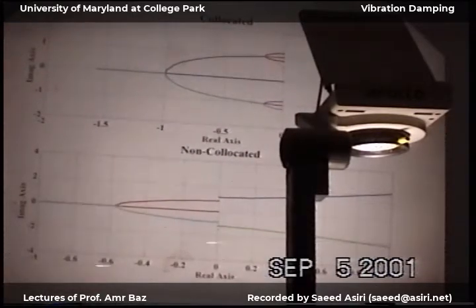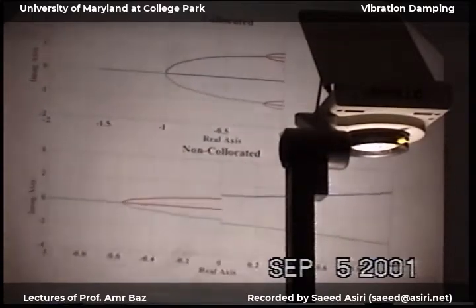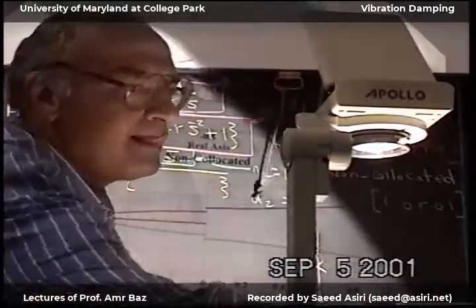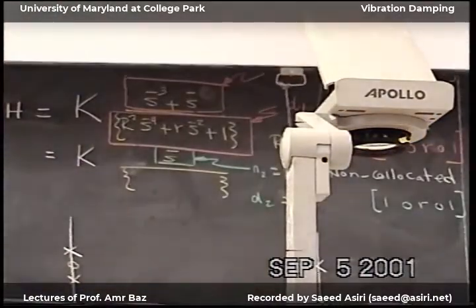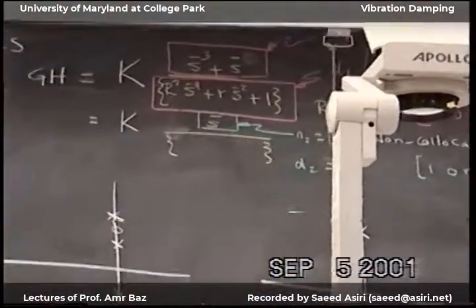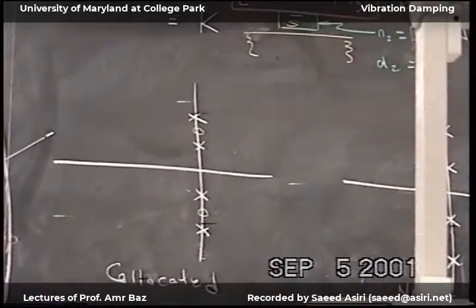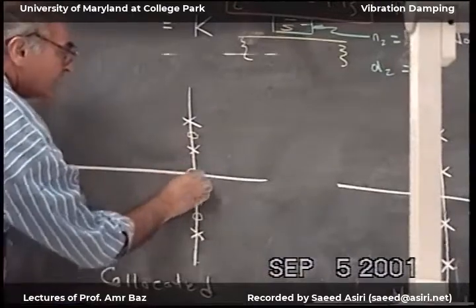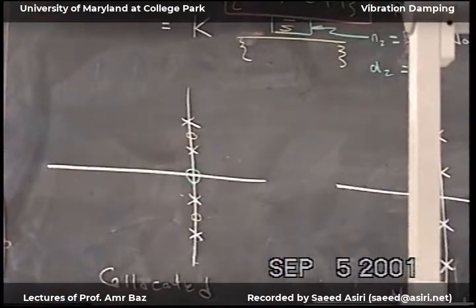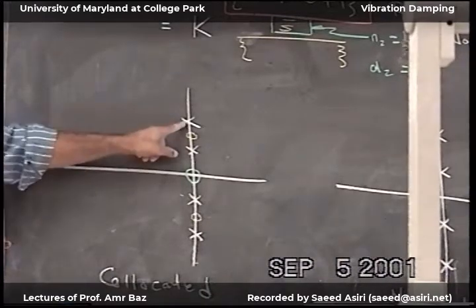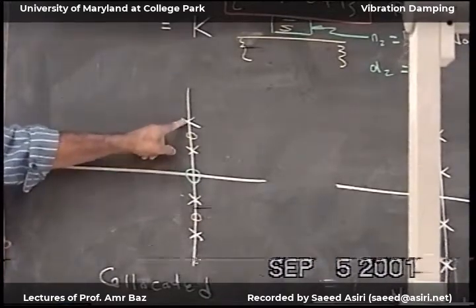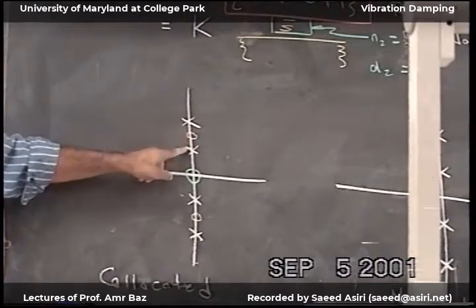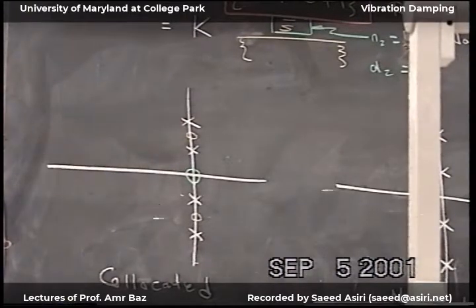Okay? Now, look at what we have here. We have four poles. So I should have 4 branches of the root locus. Okay? Now I introduce 1, 0 here. So now I have 4 poles, but I have 3 zeros. So I have one going from one pole to a 0. One from one pole to another 0, another pole to another 0. And there will be still one more pole.